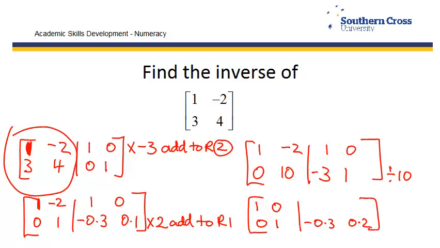So now we have the identity matrix. 2 times negative 0.3 is negative 0.6, add to 1 is 0.4, and 2 times 0.1 is 0.2, added to 0 is 0.2.